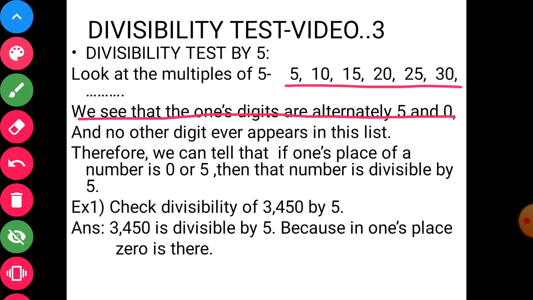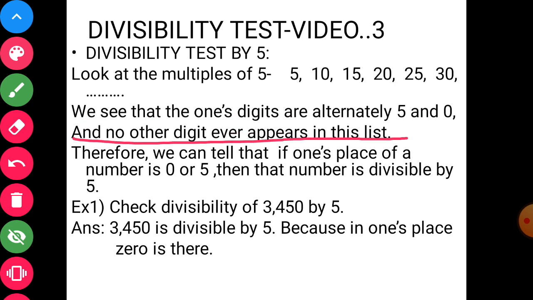Here, if you see the multiples of 5, no other digit ever appears in this list. If you go on finding the multiples of 5, you can observe that no other digit ever appears in this list. That also you have to remember.